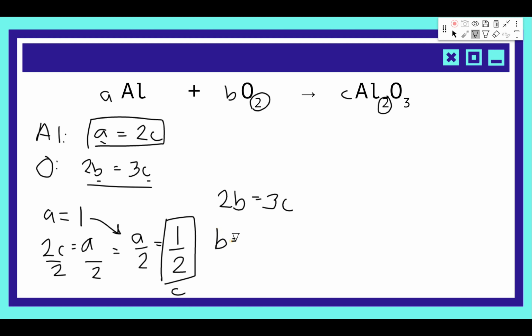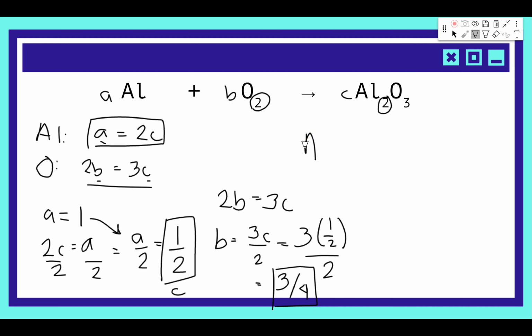B is equal to 3 halves C. And since C is 1 half, substitute this one. So B is 3/4. So our equation will be Al plus 3/4 O2 yielding 1 half aluminum oxide.